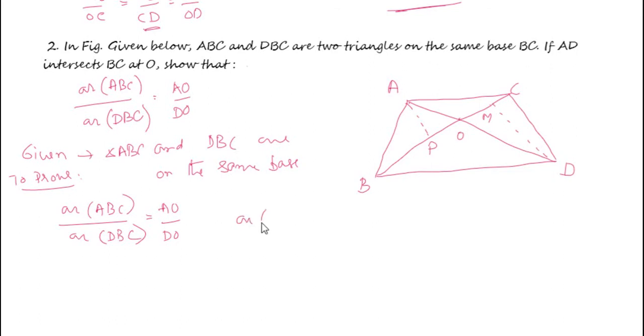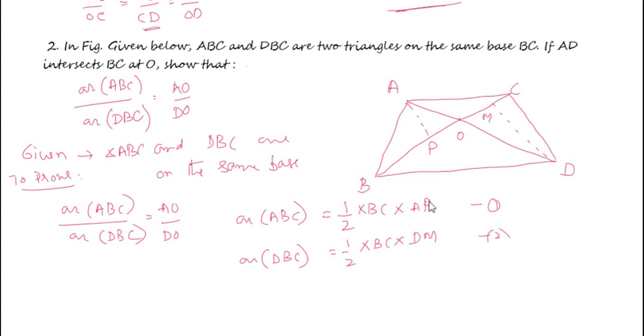Now area ABC can be written as half into base BC into the height AP. Area DBC is equal to half into the same base BC, height is DM. This is 1, this is 2.